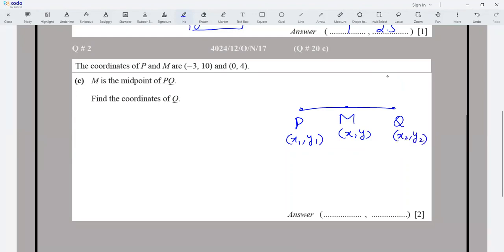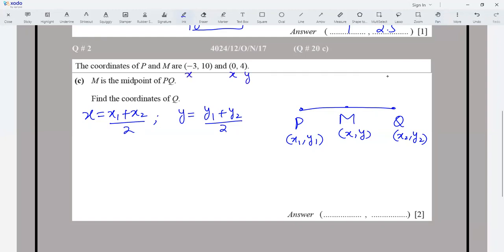How do we find the coordinates of point Q? We write the formula again: x equals x1 plus x2, the average of the x coordinates, and for y, the average of the y coordinates. In this case the values of x and y are given, so we replace x with 0 and y with 4.